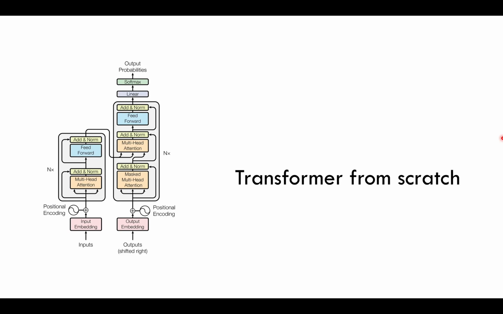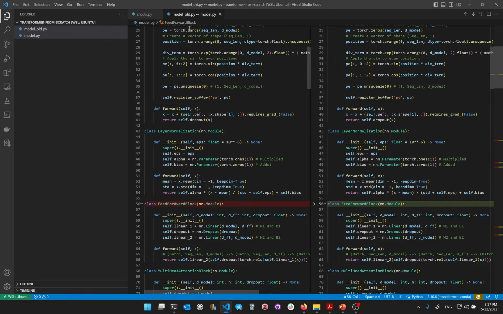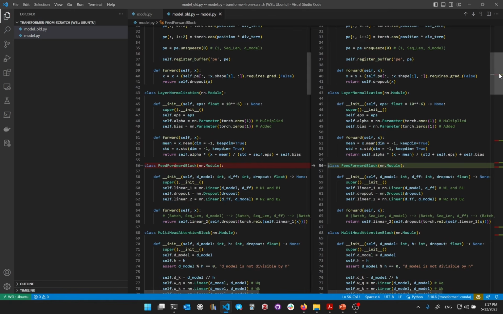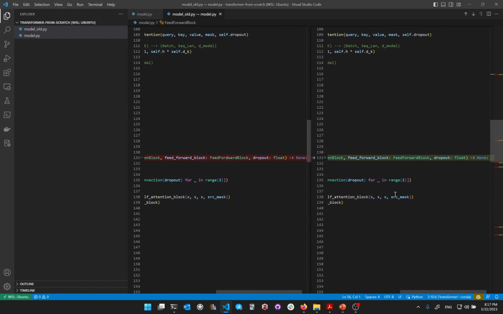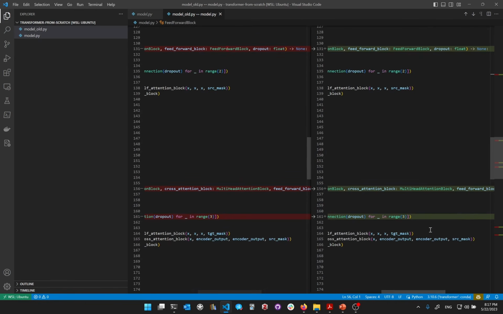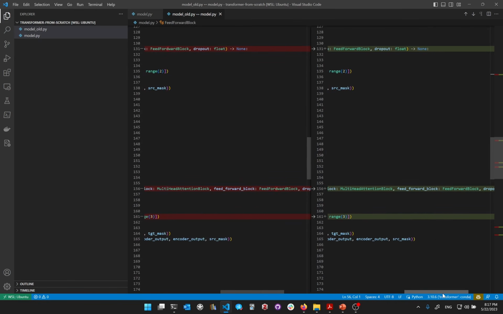Now that we have built the code for the model, our next step is to build the training code. But before we do that, let's recheck the code, because we may have some typos. I actually already made this check, and there are few mistakes in the code. I compared the old with the new one. It is very minor problems, so we wrote feed forward incorrectly here, and the same problem is also present in every reference to feed forward, and also here when we are building the decoder block.